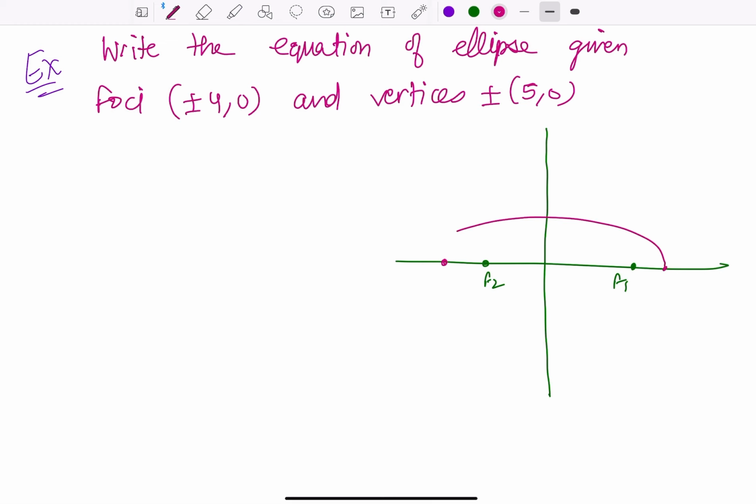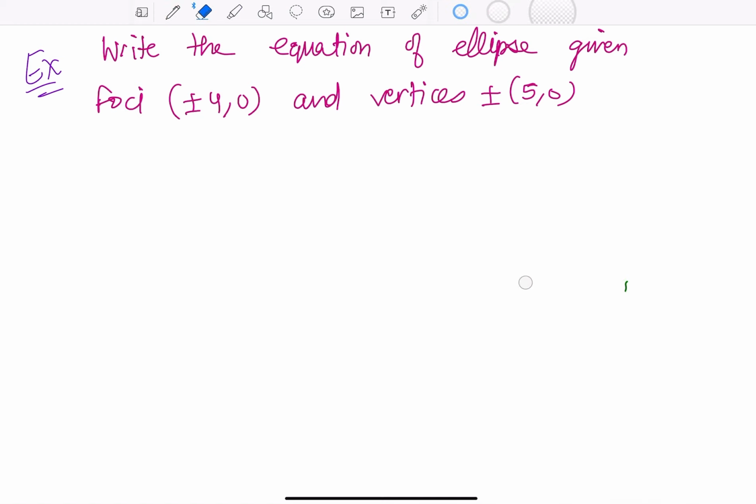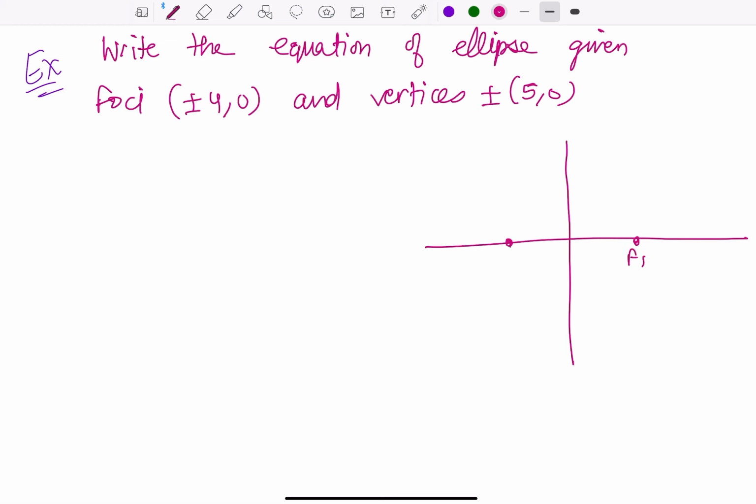So I can clearly see that the x-axis is the major axis here. So x-axis is going to have the bigger number. Here are F1, F2, and here's my first vertex 5, 0 and -5, 0.